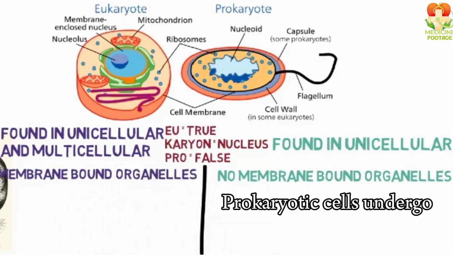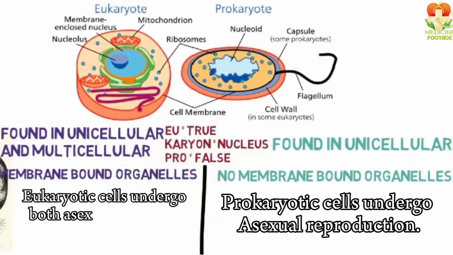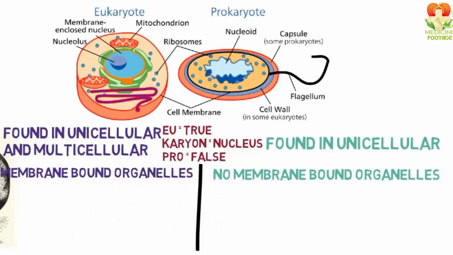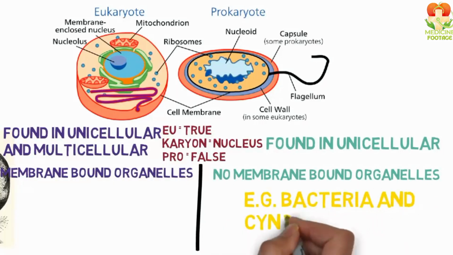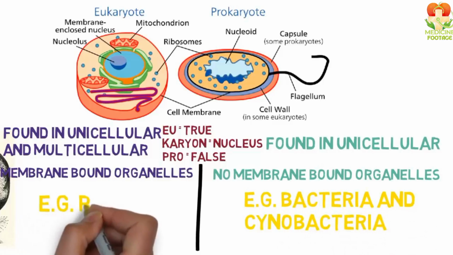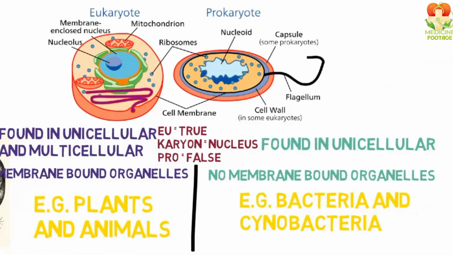Prokaryotic cells undergo asexual reproduction. Eukaryotic cells undergo both asexual and sexual reproduction. Examples of prokaryotic cells include bacteria and cyanobacteria. Examples of eukaryotic cells include plants, animals, fungi, and protists.